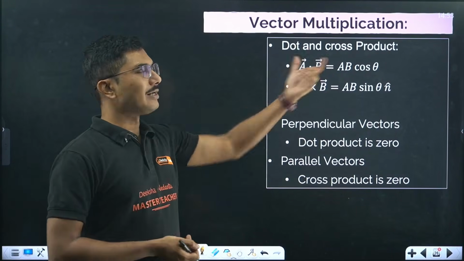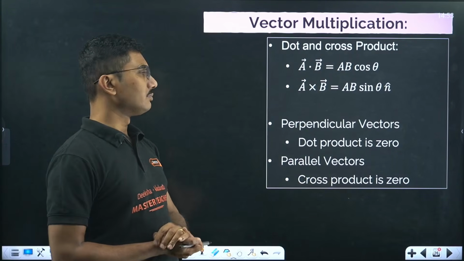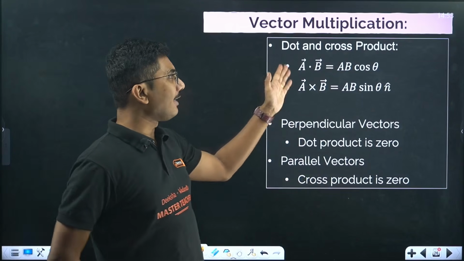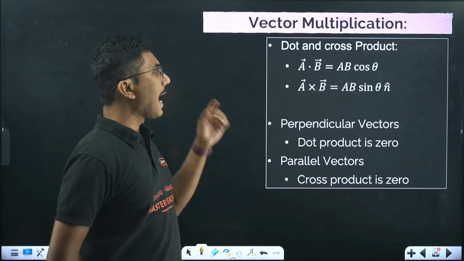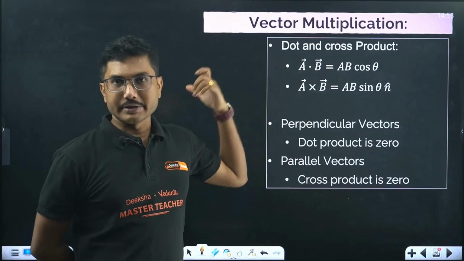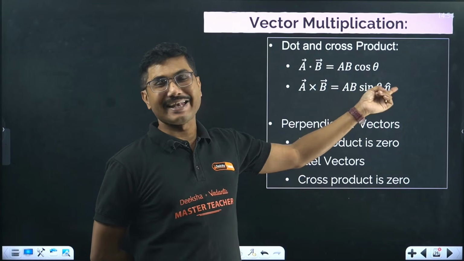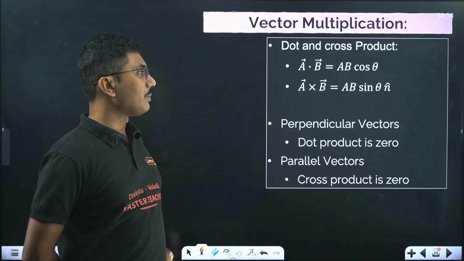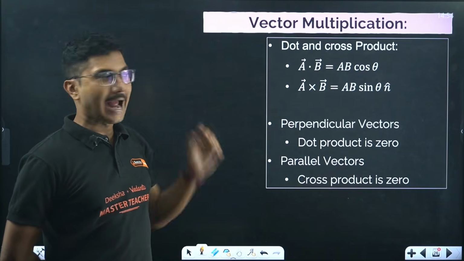So if the final resultant is a scalar quantity, then it is called a dot product, and A dot B is given by AB cos theta. And A cross B is the cross product, given by AB sin theta n cap. N cap is a vector which is mutually perpendicular to both the A vector and the B vector.